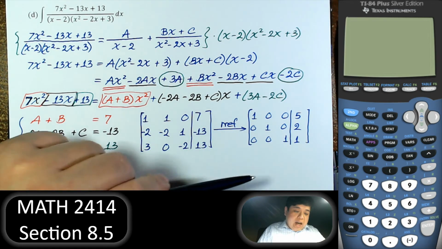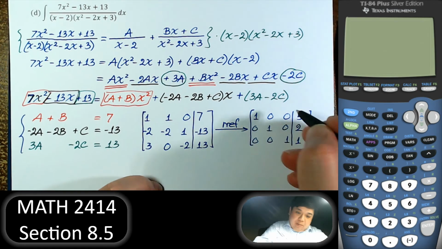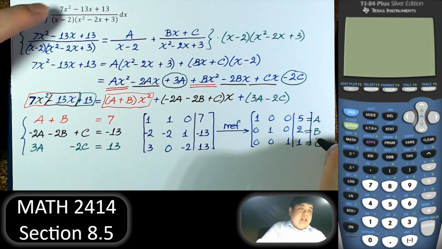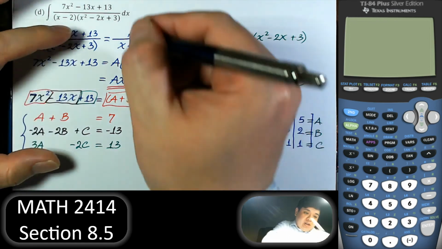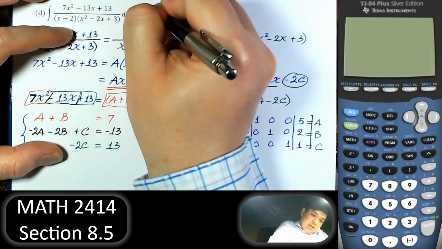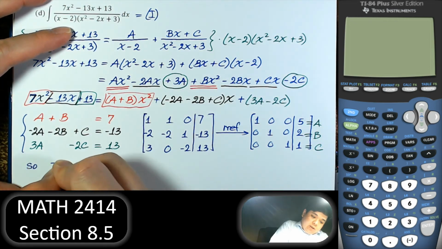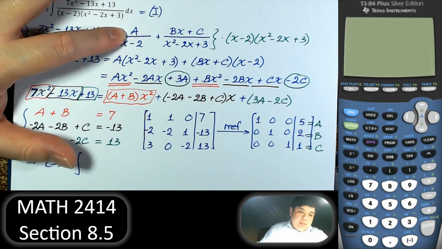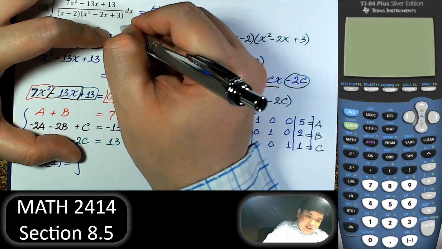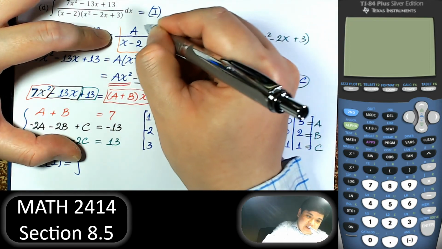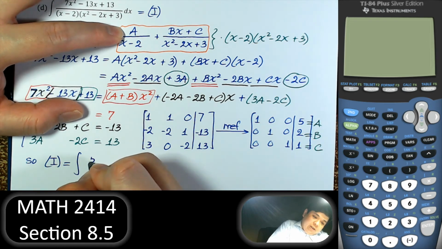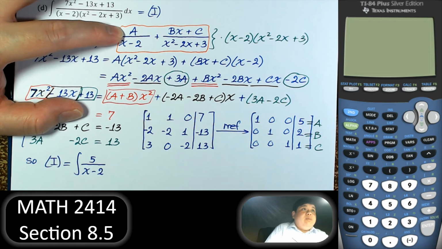So with that, we have A, B, and C. We can decompose that original fraction in that form. A is 5. That's simple, right?